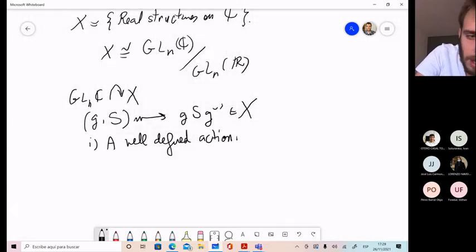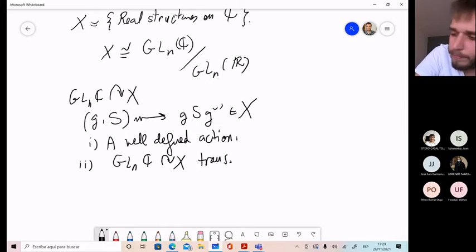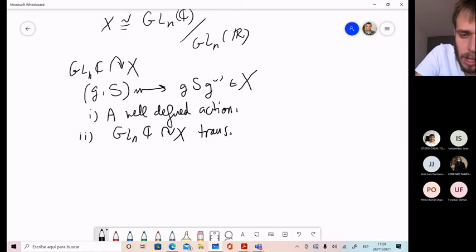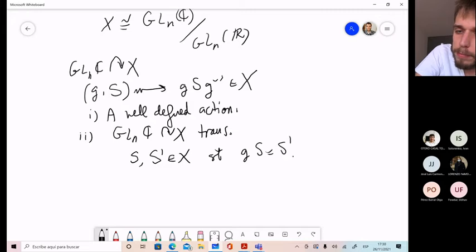Okay. And I'm going to show you that GL_n(C) acts transitively on X. So how do you prove this? Well, you have to find, for two elements S and S' in X, one element g such that g·S is equal to S', right?